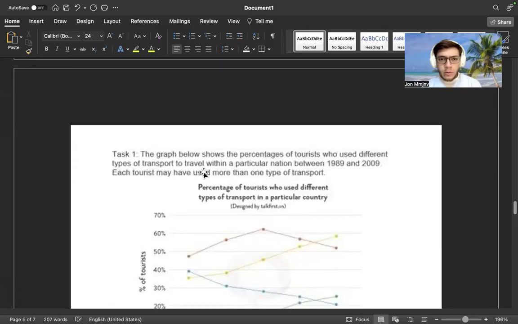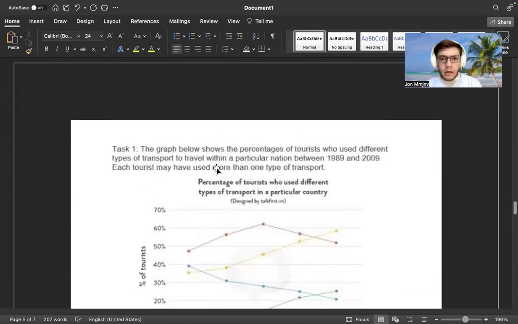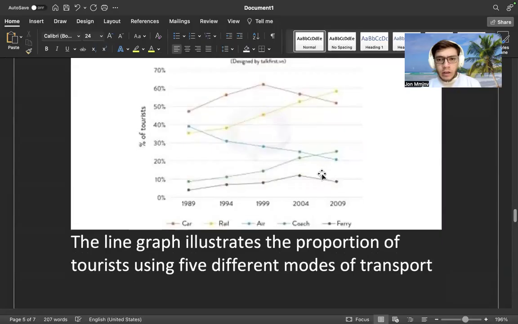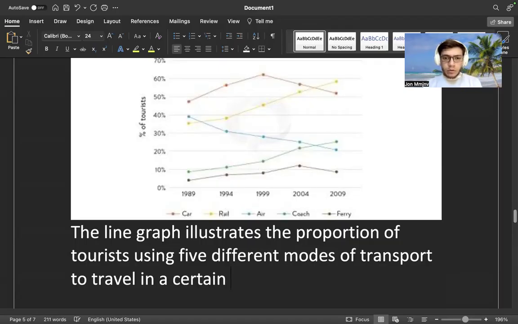Who use different types of transport, using 5 different modes of transport. Beautiful. Within a particular nation, transport to travel. Okay, to travel. Do you have a synonym for to travel? To wander, take journeys? No, travel is the best one. To travel in a certain country.